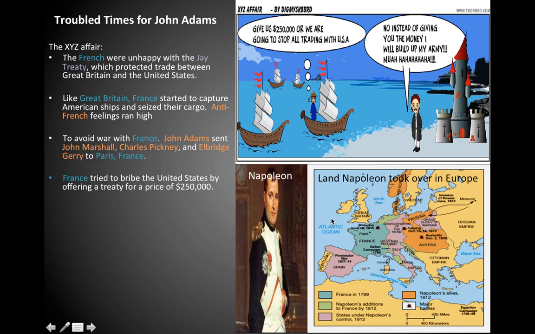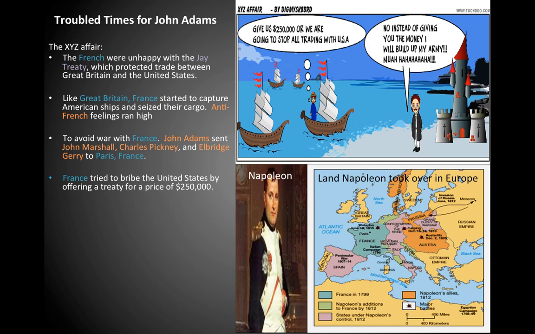To avoid war, to avoid this idea of going to war with another European country like Washington warned not to do, Adams sends John Marshall, Charles Pinckney, and Elbridge Gerry to Paris, France to try to work out a deal, to work out a peace treaty.